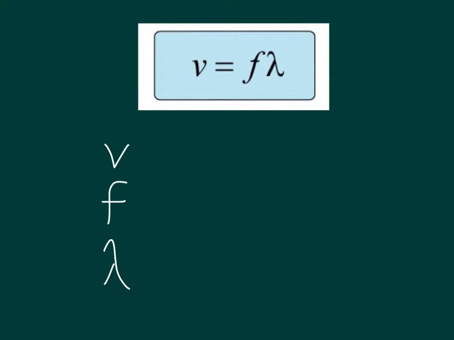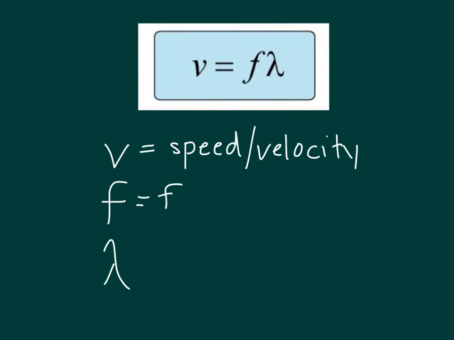Now this formula might look pretty funny up here, so let's talk about what each variable represents. V represents the speed of a wave, or you could think of it as velocity, if that makes it more simple. F equals the frequency, which makes sense, right?